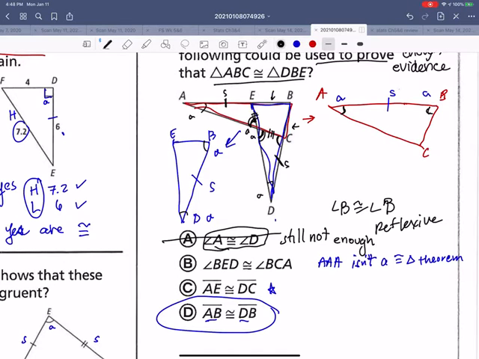This maybe tells me this angle would equal this angle, which means that this angle would be the supplement of that angle, and this angle would be the supplement of that same angle. So I can say that these two angles are equal. It's like I'm almost there, but not quite. You see what I'm saying? So definitely going to go with this one.